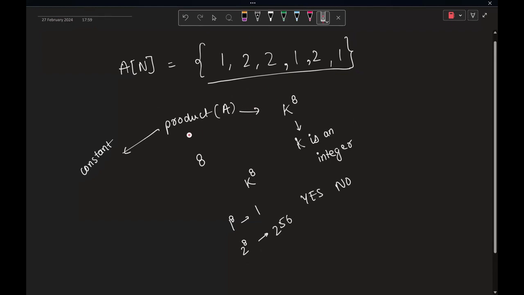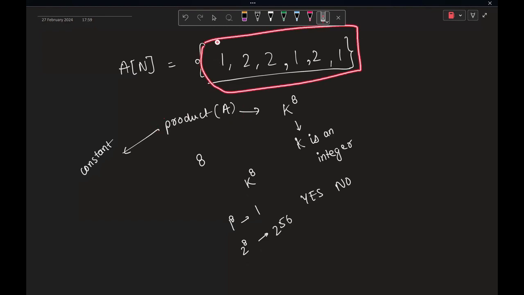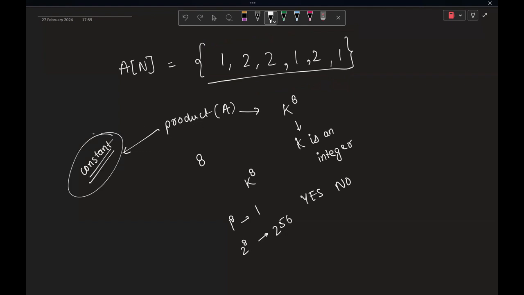So one observation you could have seen here is that the product of the array depends only upon the elements of the array, which are never changing. So for a given test case, the product would always be a constant integer which would never change.